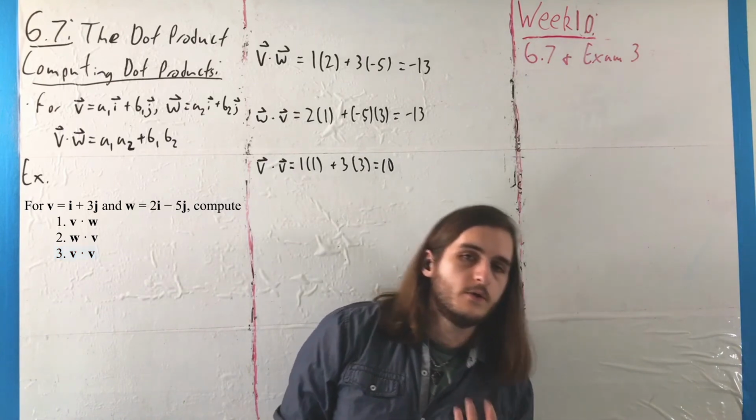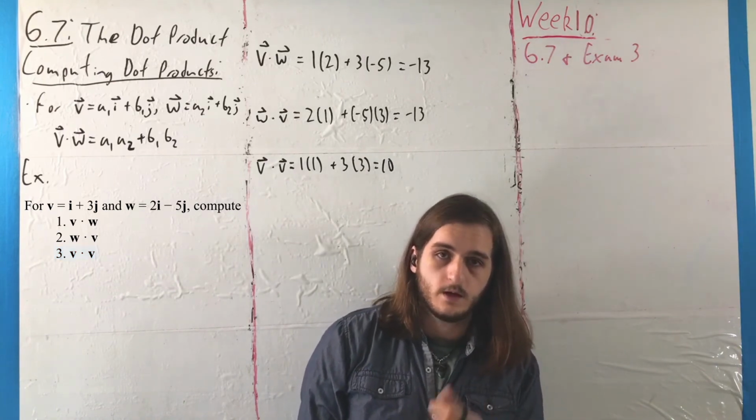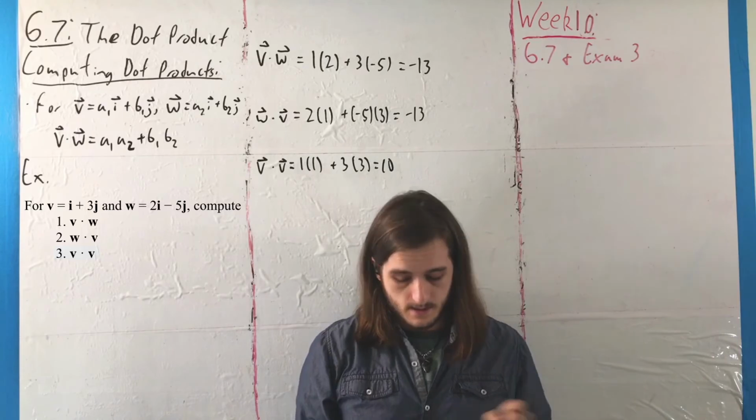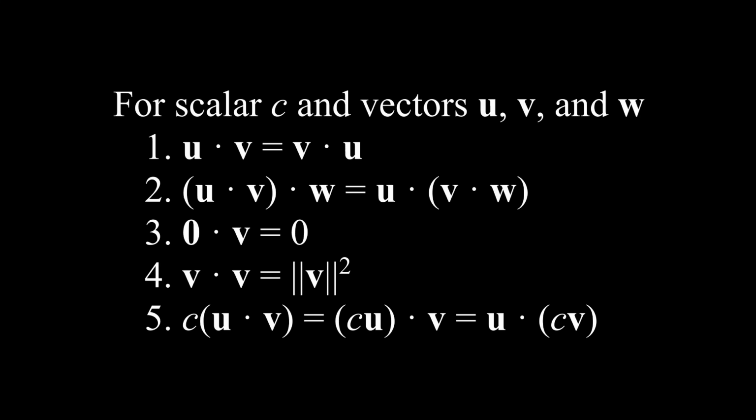And in general, there are a few known patterns that we have for working with dot products. That is, if we have two vectors u and v, u dot v is equal to v dot u. If we have u dot the grouped sum v plus w, we can split up that grouping as u dot v plus u dot w.